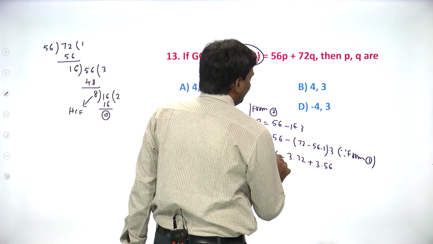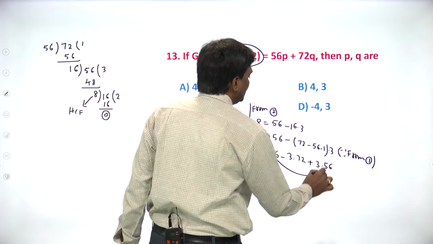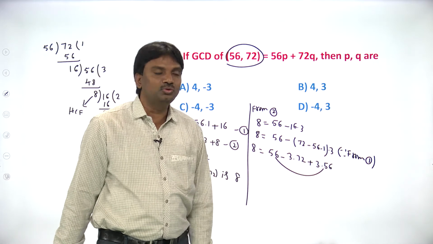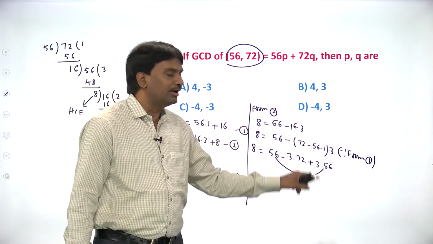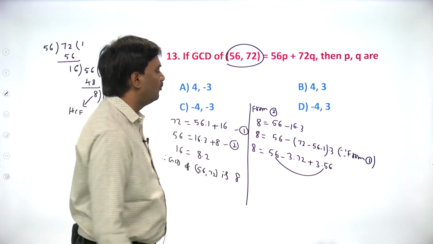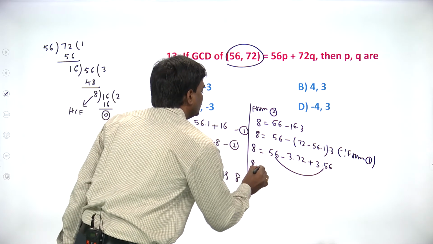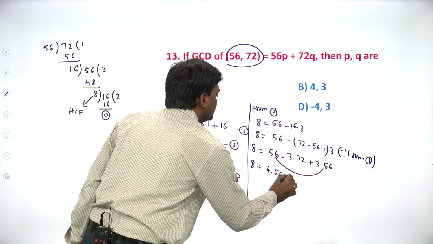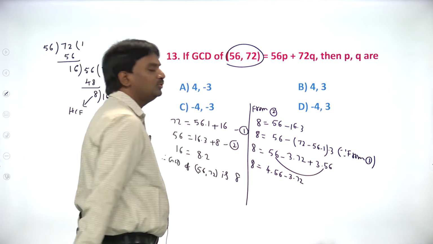Here the first term is 56 and the last term is 3 into 56. If you take 56 as common from these two terms, you get 56 of 1 plus 3, which is 4. So we can write 8 equal to 4 into 56 minus 3 into 72.